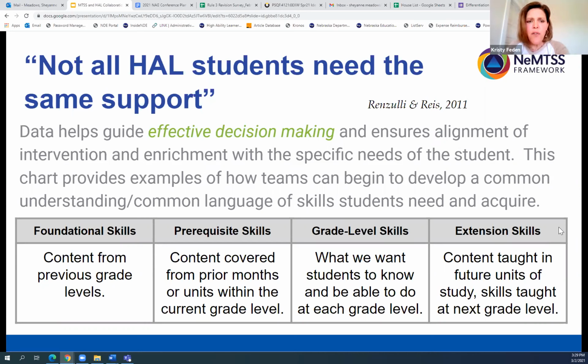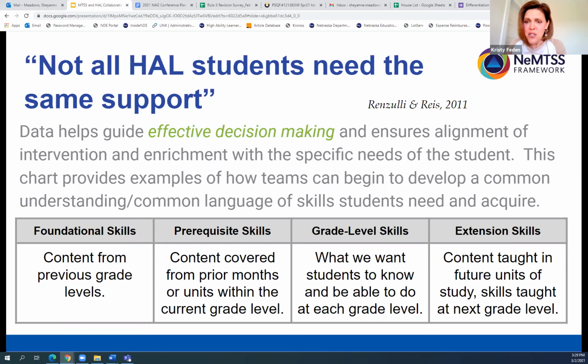So this chart just provides an example of how teams might begin to develop that common understanding or that common language around skills that students need. And this helps with that differentiation piece. So are we talking about foundational skills, which is actually a student that might be needing or missing content from previous grade levels? Or are we talking about extension skills?